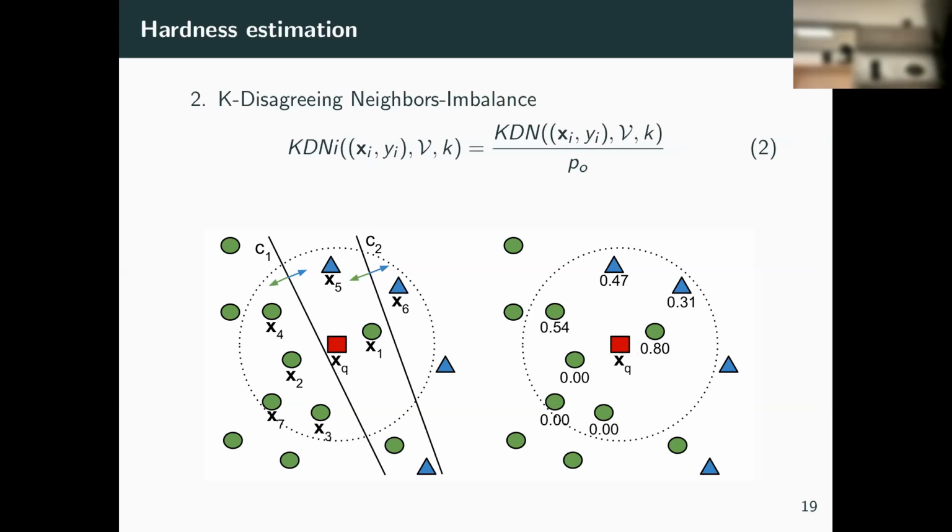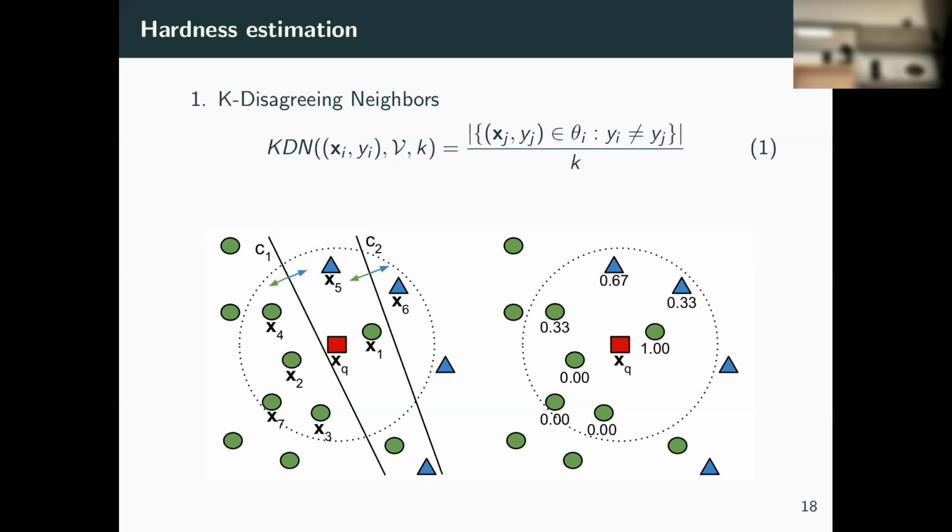The K Disagreeing Neighbors Imbalance is just the KDN, but adjusted to the proportion of classes, divided by the proportion of classes from the opposite class. So it would decrease the hardness of the samples from the minority class, because the KDN itself is very biased towards the majority class.